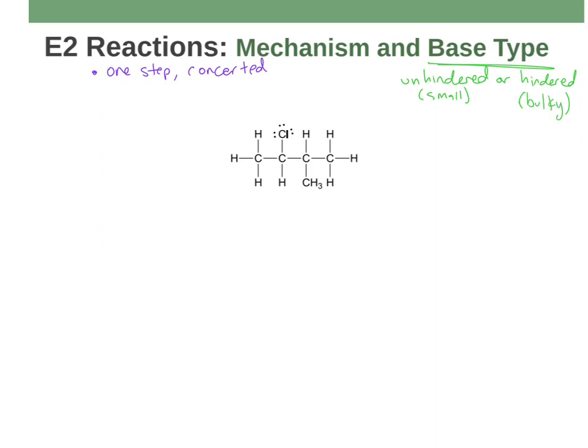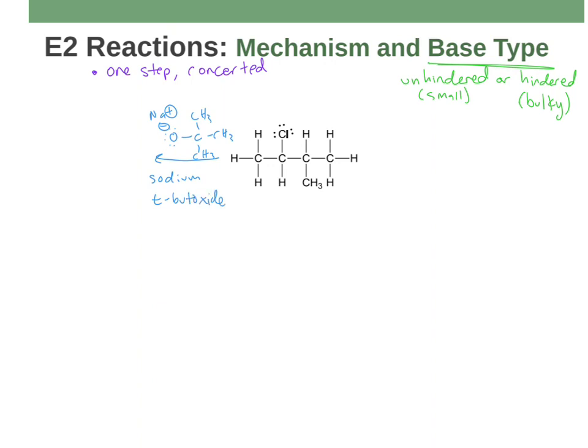And so let's take a look at this. Let's say I'm going to go in one direction. I'm going to use a base like this. So I'll use Na+ and O-C(CH3)3. So this would be sodium t-butoxide. Tertiary butoxide, right?